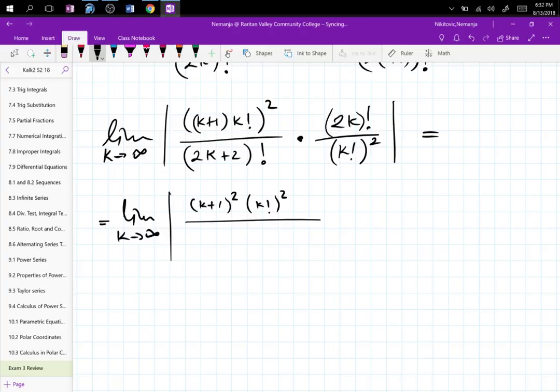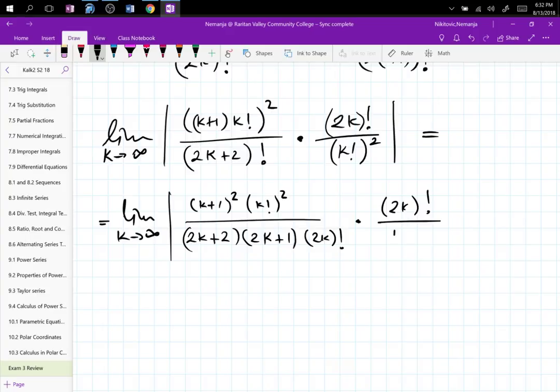I have to peel the term 2k+2, 2k+1, and that leaves me with (2k) factorial times (2k) factorial divided by (k factorial) squared.